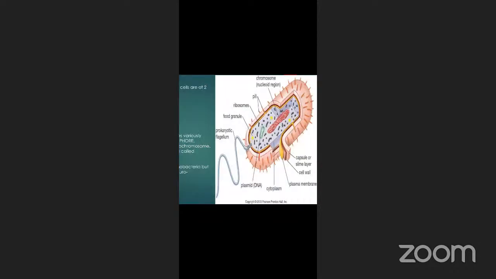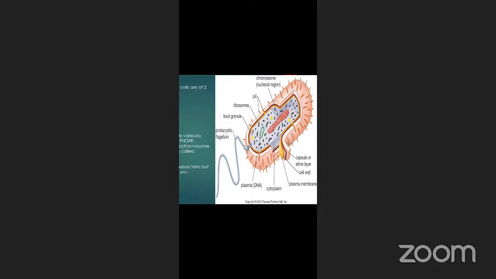This is how the prokaryotic cell looks. What are the components? You have the nucleus, that is the chromosome, but it is not organized. Then the plasmid, and the cytoplasm, a fluid-like component within the cell. Then you have the plasma membrane, which is present in both eukaryotes and prokaryotes.